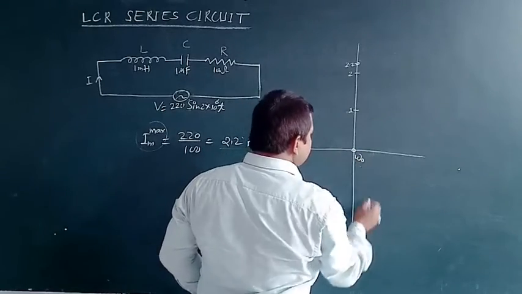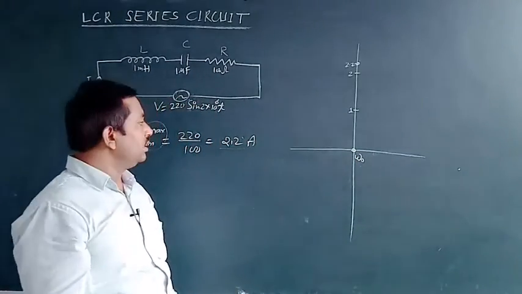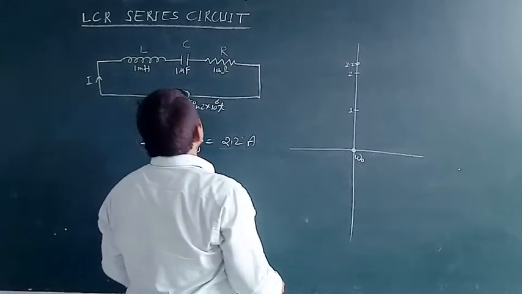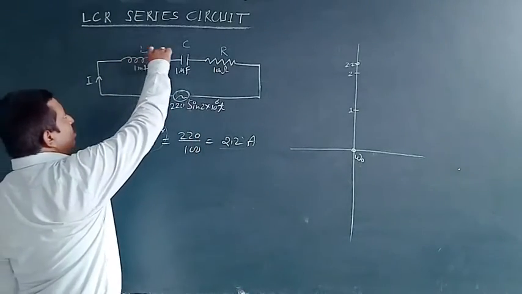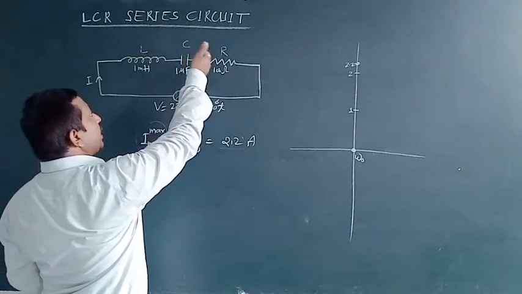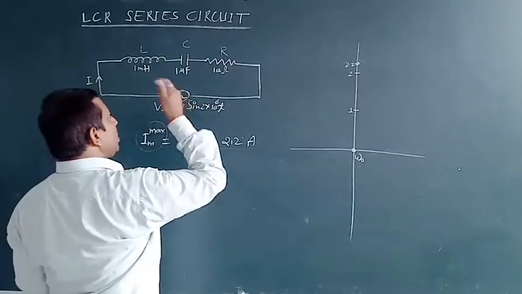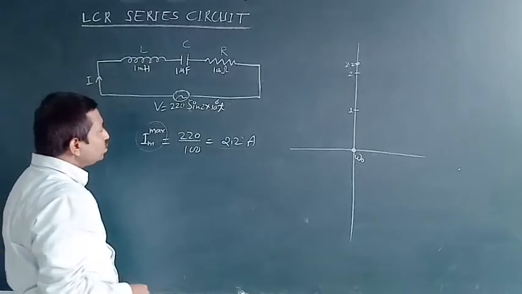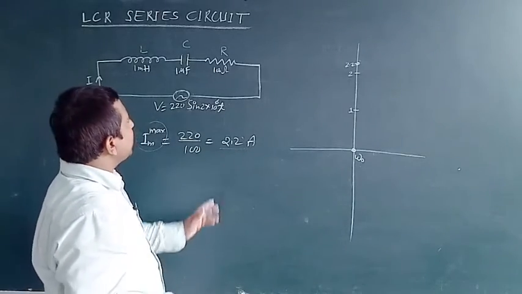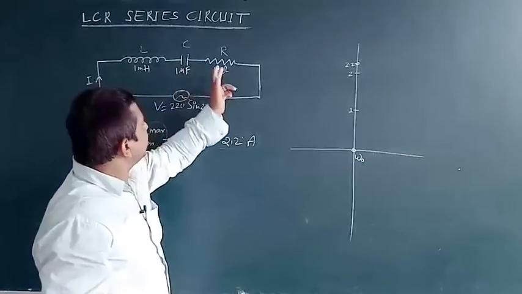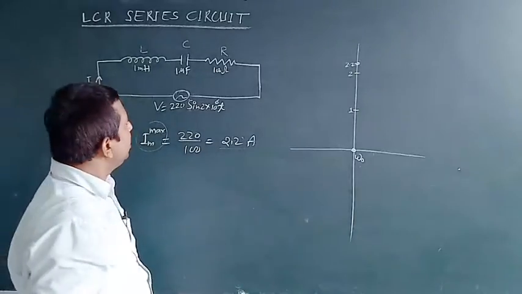At omega naught, the potential across the inductor is just equal and opposite to the potential across the capacitor, so the total potential drop occurs in the resistor. At that time the current flowing through this LCR series circuit becomes maximum.